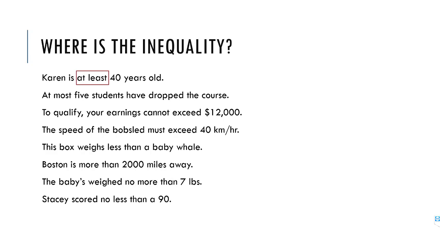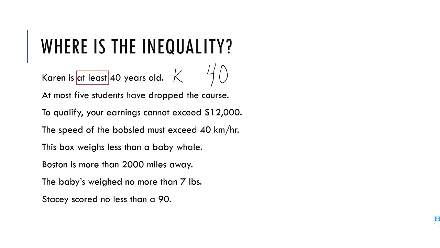Let's talk about if we were to change this to an inequality using the variables and symbols. Let's use the variable k for Karen's age. And we're going to compare that again to 40. If you think about it, Karen is, again, at least 40 years old. I like to think about all the numbers that would make that statement true.